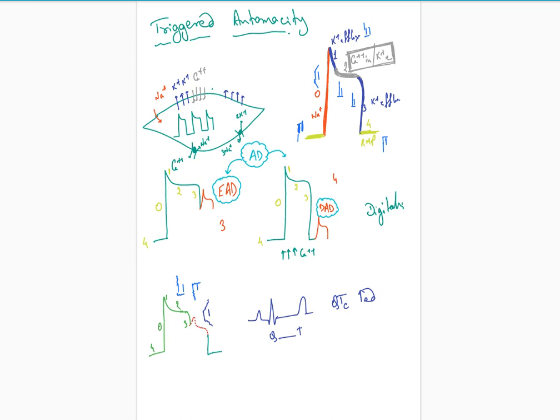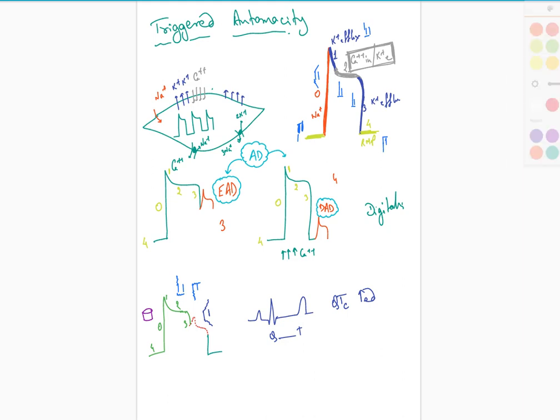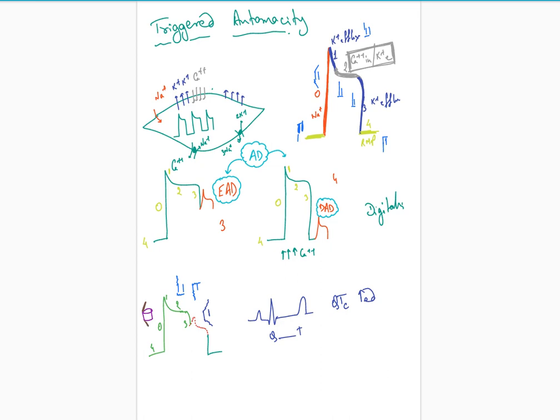So what do we understand? If you look at the lower left picture, if you remember the sodium ion channel, when sodium influx was going on, at that time was the voltage gated sodium channel open or closed? Both the activation gate as well as the inactivation gate were open.